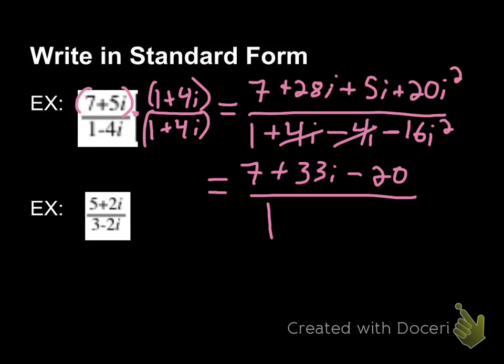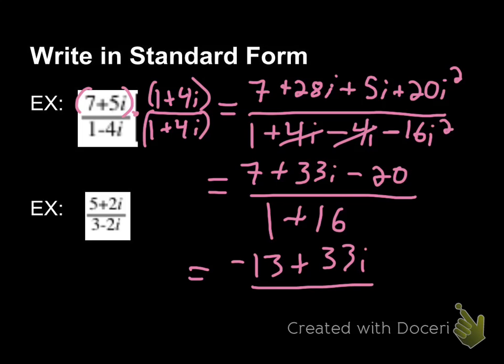And I get 1 minus 16i squared, but we know that that's actually plus 16. Good. And one last simplification: 7 minus 20 is negative 13 plus 33i, divided by 17.